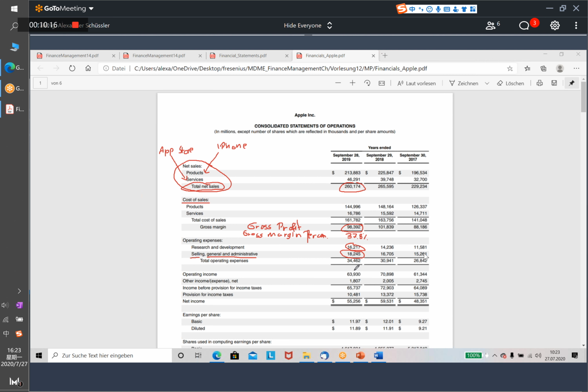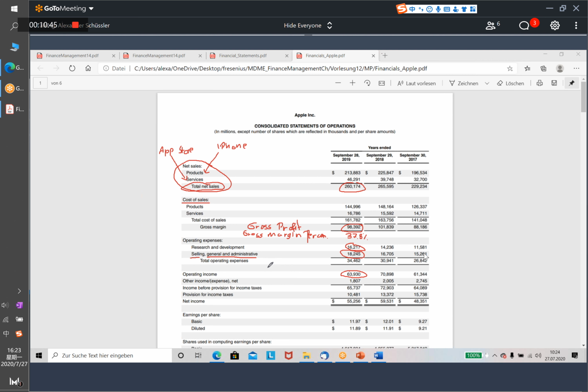So we have total operating expenses of 34 billion, and we have an operating income of 63 billion. We can also calculate the operating margin.